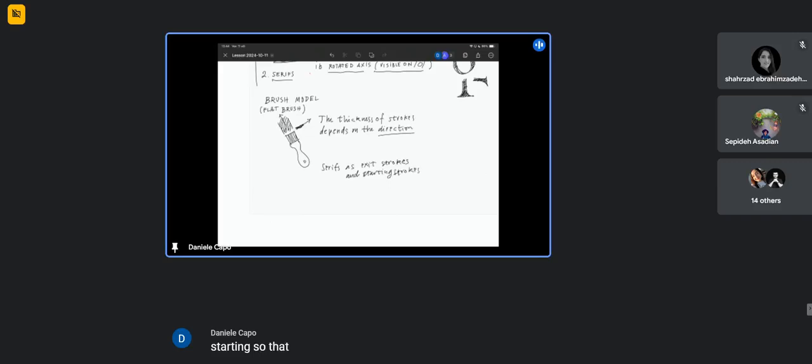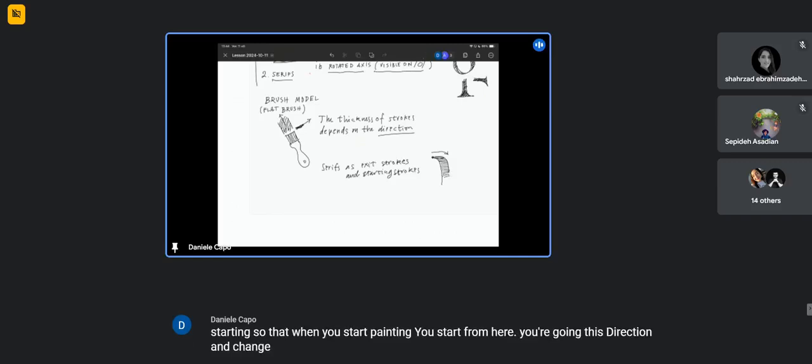So that when you start painting, you start from here, you go in this direction, and changing the direction, you obtain a shape like this.